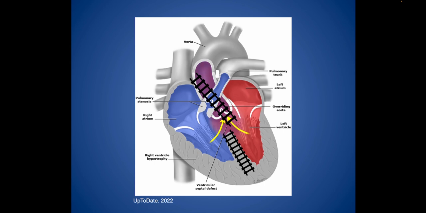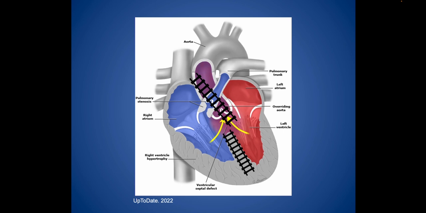And so the conotruncus, if you think about it, if there's an anterior malaligned defect, you can picture the top railroad track, the conotruncal portion of it, coming towards you out of the page in this presentation. It pushes that anterior pulmonary artery.